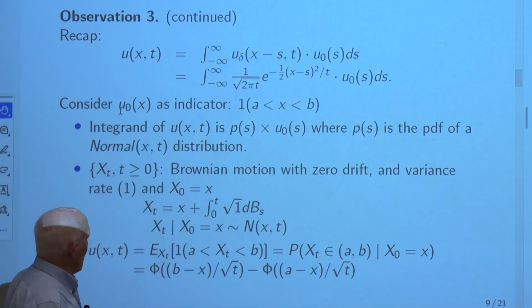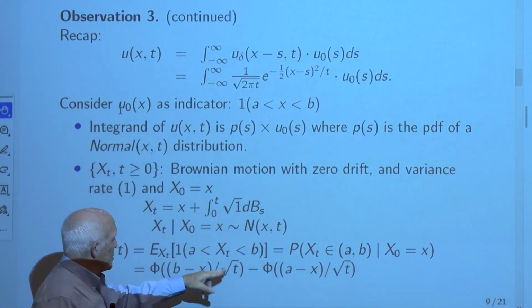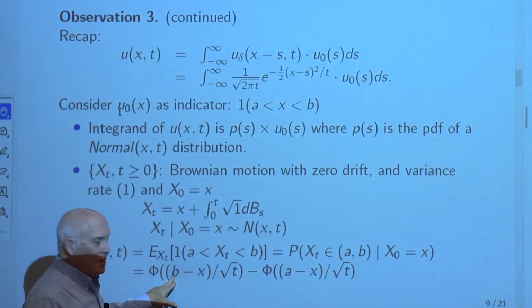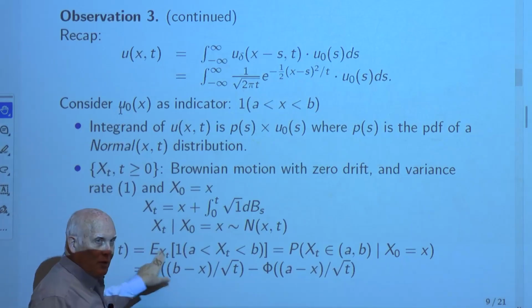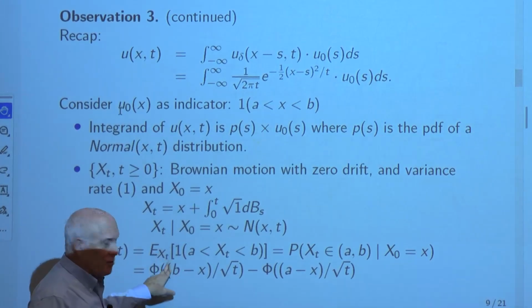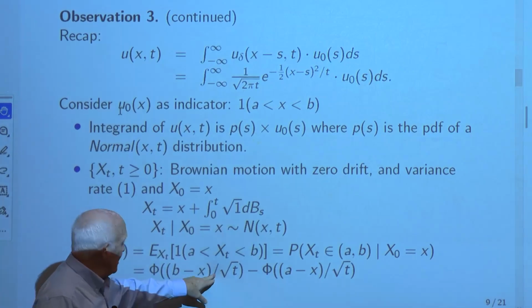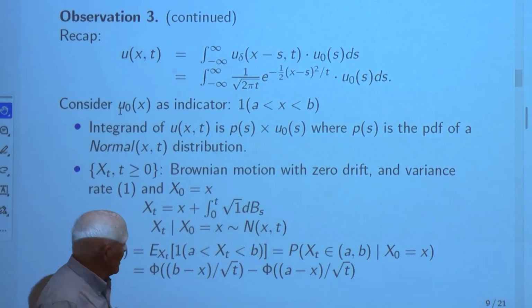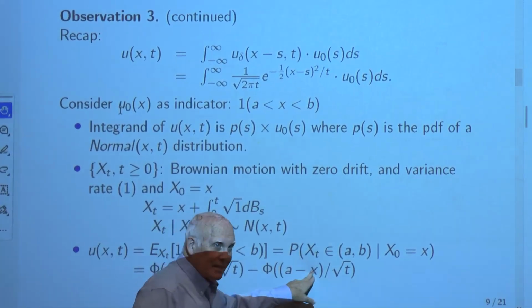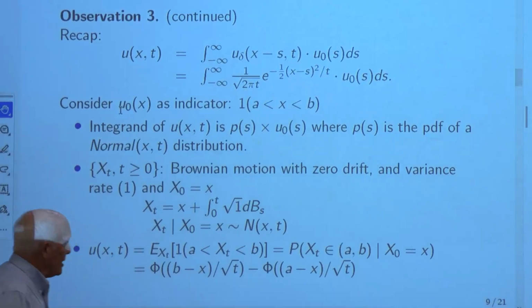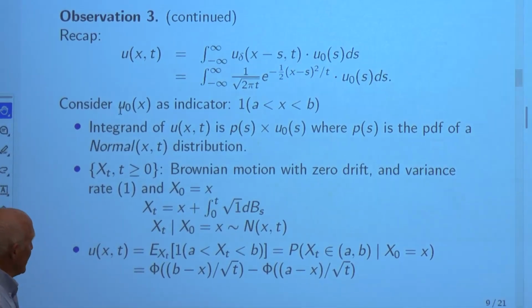And we can solve for this probability in terms of the cumulative normal CDF, standard normal, evaluated at the upper limit minus the mean divided by the standard deviation, minus the CDF at the lower limit minus the mean divided by the standard deviation.